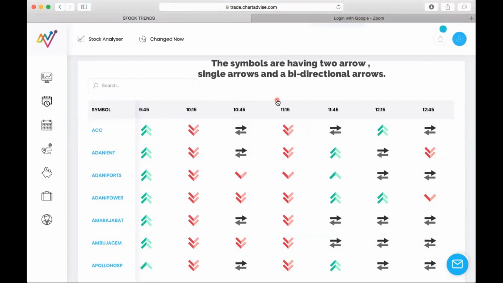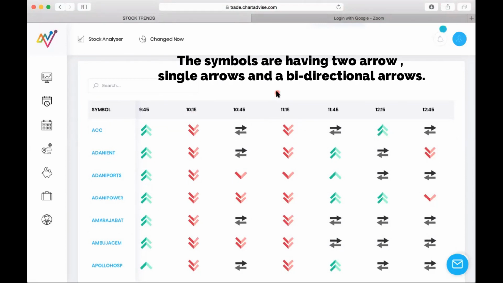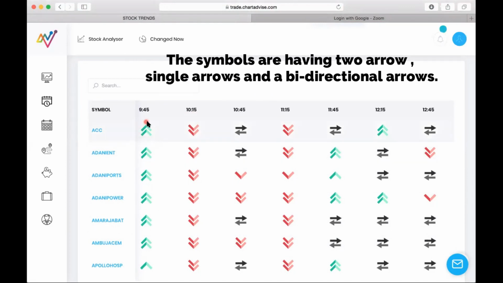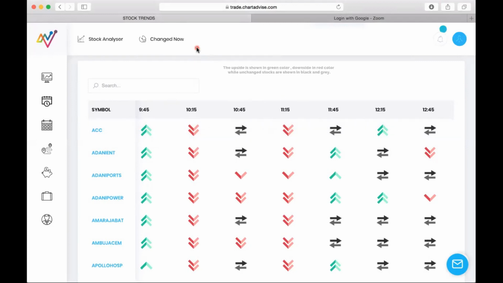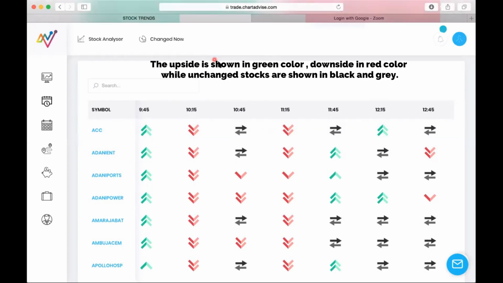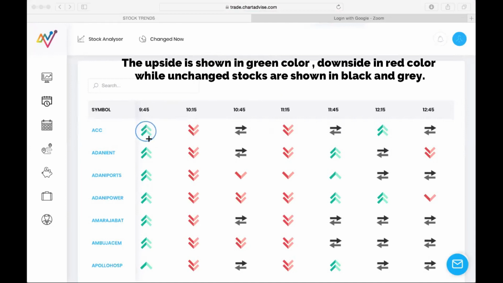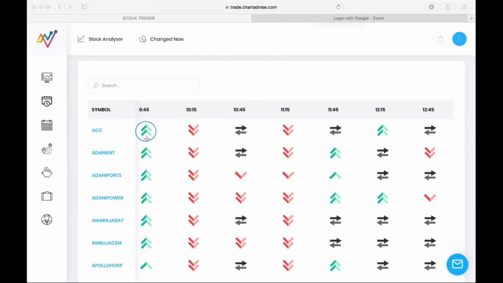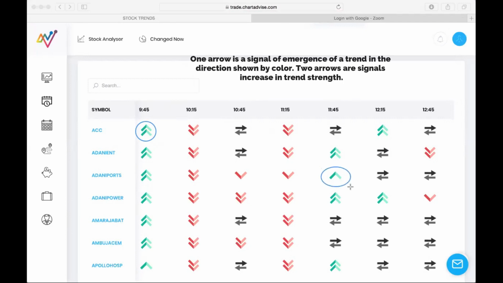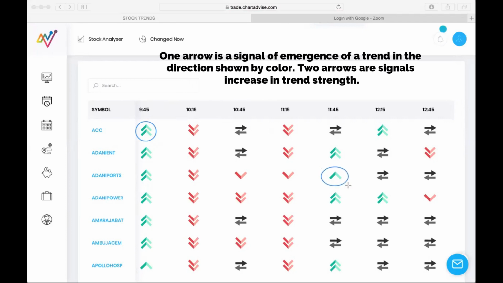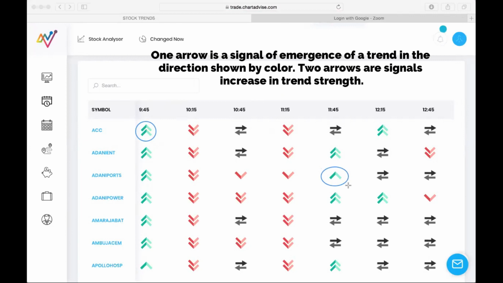To give you a definition, this double green arrow here represents a strong uptrend. A single green arrow, like the one I have drawn here, represents a mild uptrend.